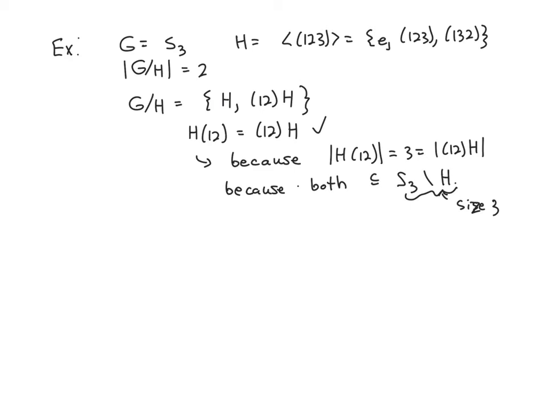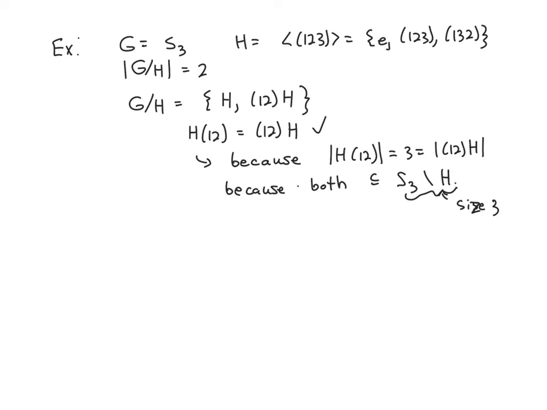Next, let's take the symmetric group again, but now we'll take the subgroup H to be the 3-cycle. Now there's only two cosets. Well, what do we need to check? We need to check if the left coset with respect to (1 2) is equal to the right coset.